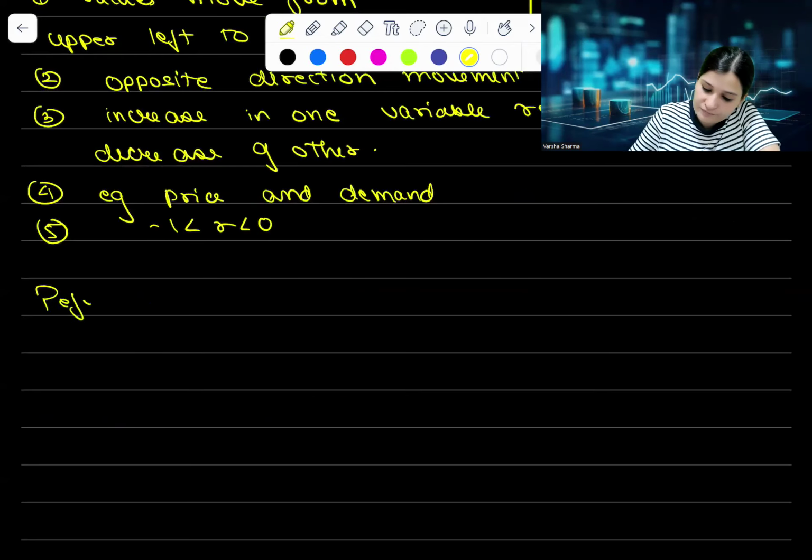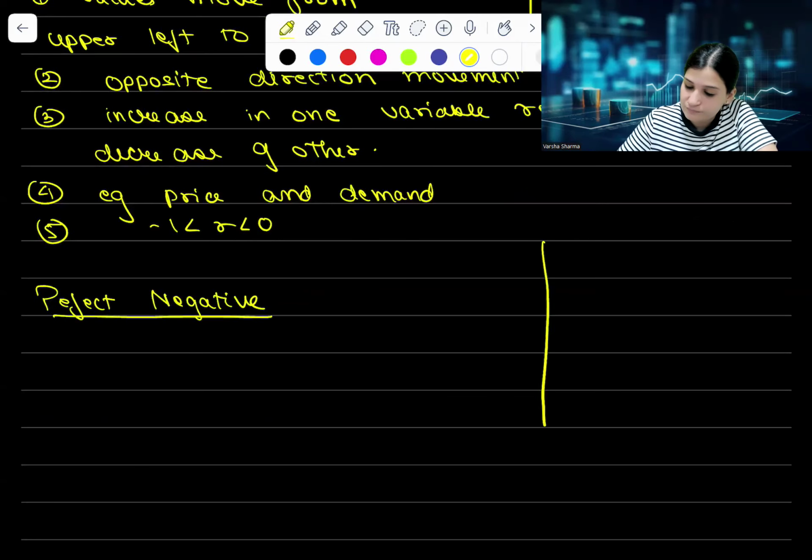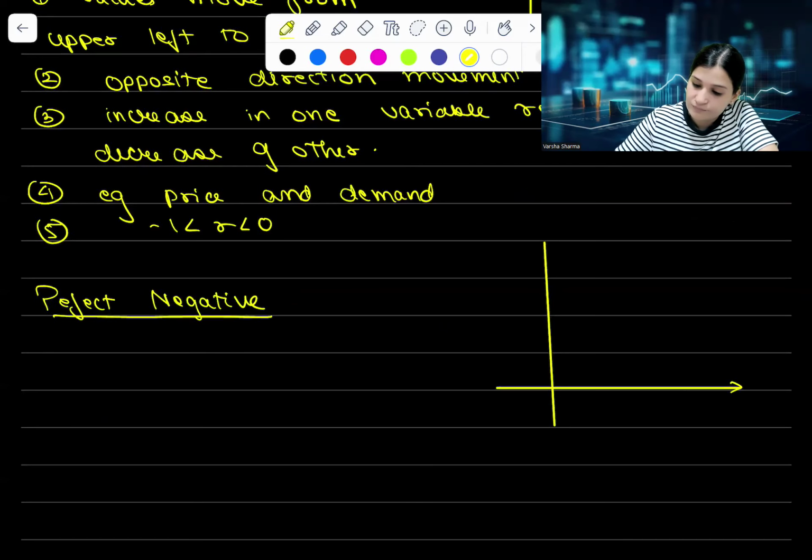Perfect negative. The points will move downwards.